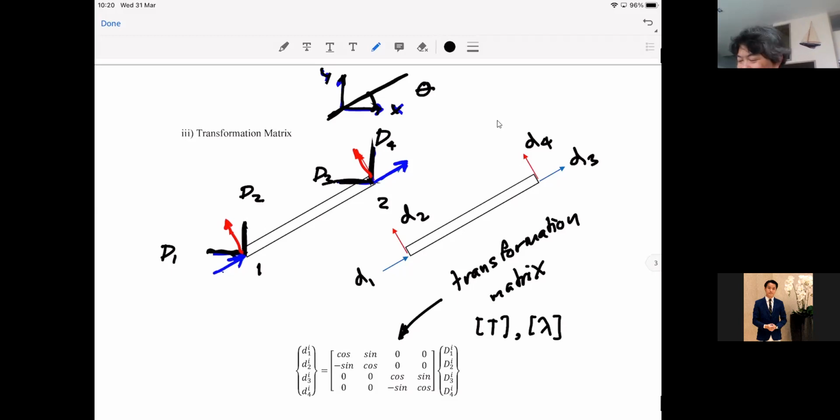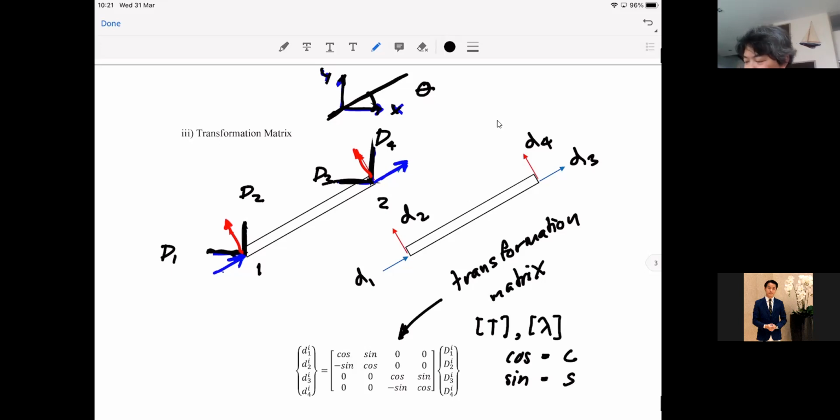Okay. Now, since cosine and sine are pretty long, we can start writing cosine as C and sine as S. Now, before we move forward, this transformation matrix has one very important property, that is the transpose of the matrix is equal to its inverse.